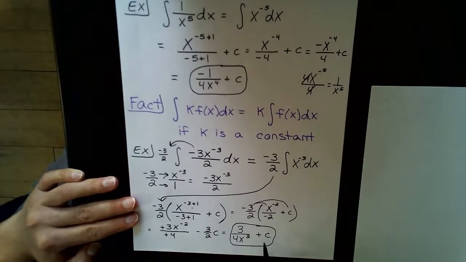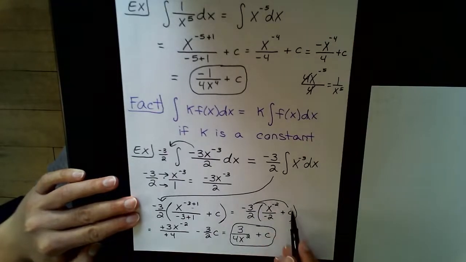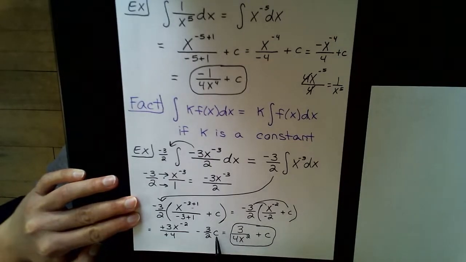So no matter what you multiply to this c value, you can always bring it back to c immediately. Meaning we didn't even have to show this step where we distributed negative 3 over 2 to the c. It will always just be plus c.